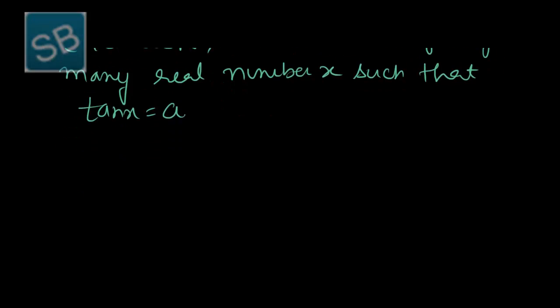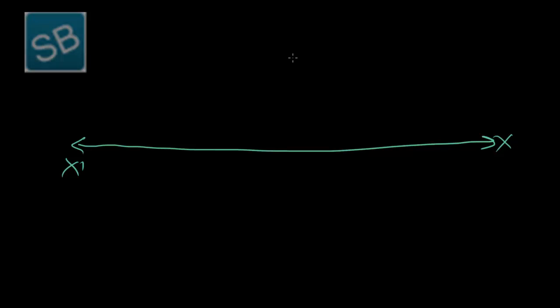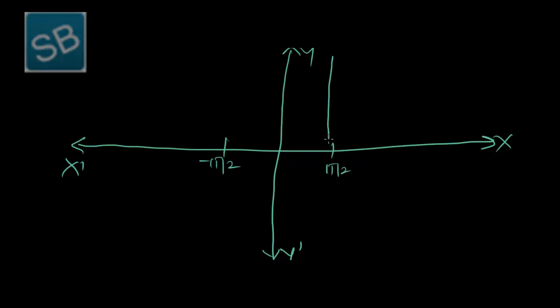So, by considering the graph of tan function, just as we did in the case of sine and cos graph, this is the x-axis and this is the y-axis. And we have this is minus pi by 2 and this is pi by 2. So we get the graph of tan just like that.